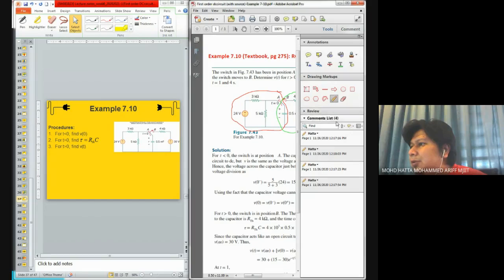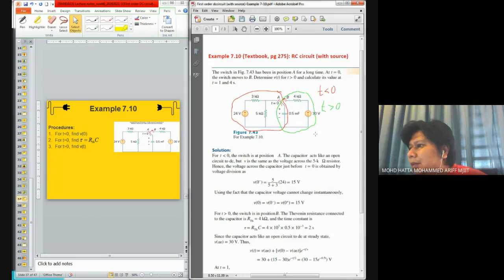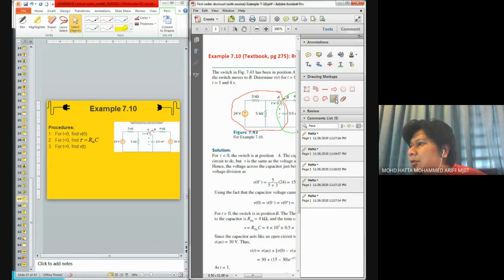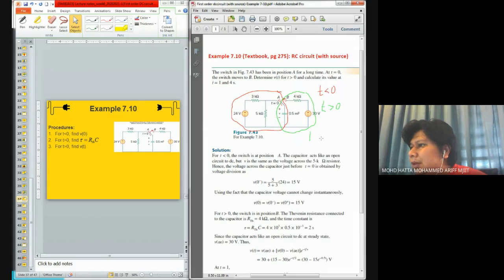I'll try to draw it here. Oh, maybe I need to change into red color. Okay. At t less than 0, we should have a circuit which has 3 kilo ohm, then 5 kilo ohm over here.